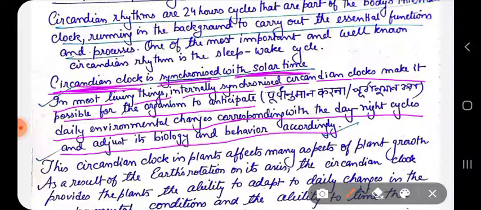So the circadian clock is regulated with the solar time, and most living organisms, including plants, are synchronized internally with circadian clocks, which makes it possible for the organism to anticipate daily environmental changes. They are able to observe what environmental changes are occurring.